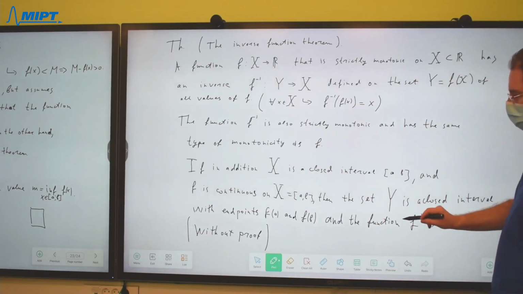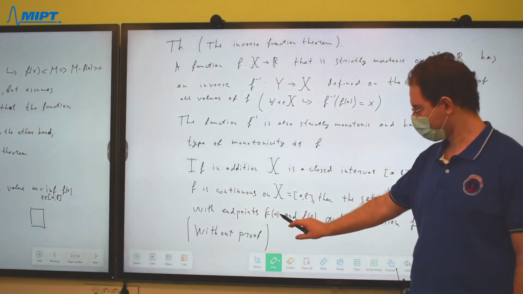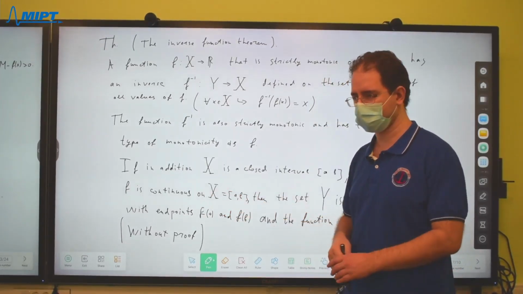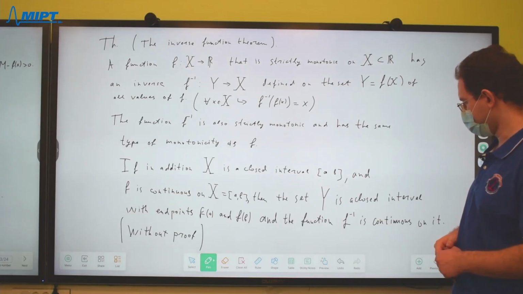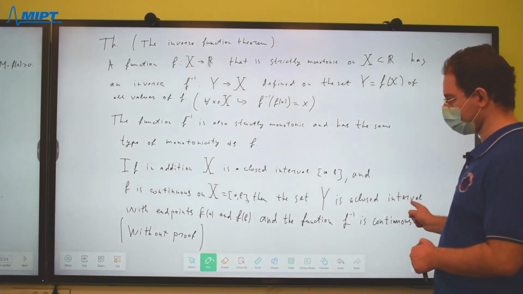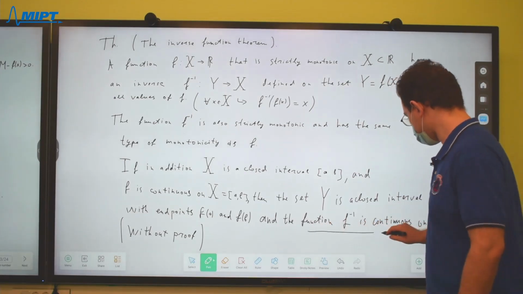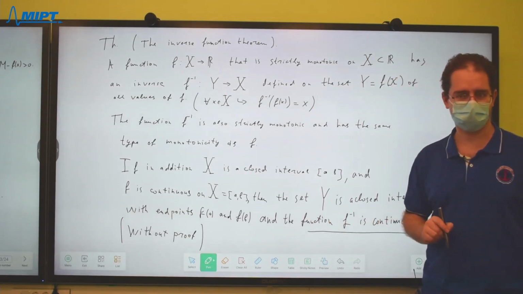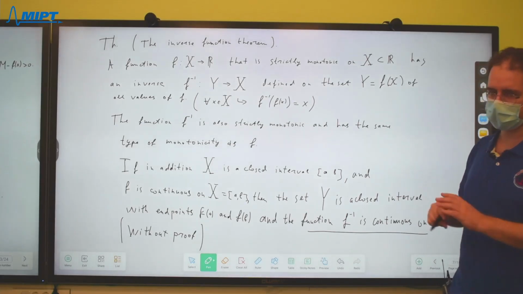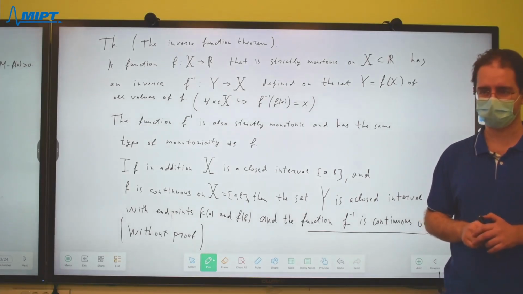Here, minimum and maximum for a monotonic function would be f of a and f of b. I don't know which is the order, but those two values. And the inverse function is continuous on it. This part, I think, needs more explanation and more proof, but we will skip the proof for now.